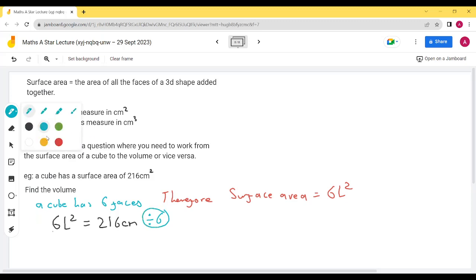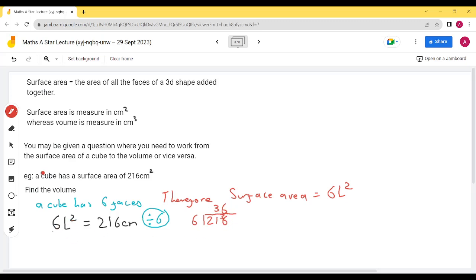Now, obviously you could do this in your head, but it's unnecessarily fiddly, so it's better to always put out your work. 6's into 2 doesn't go, 6's into 21 goes 3, remainder 3, 6's into 36 equals 6.